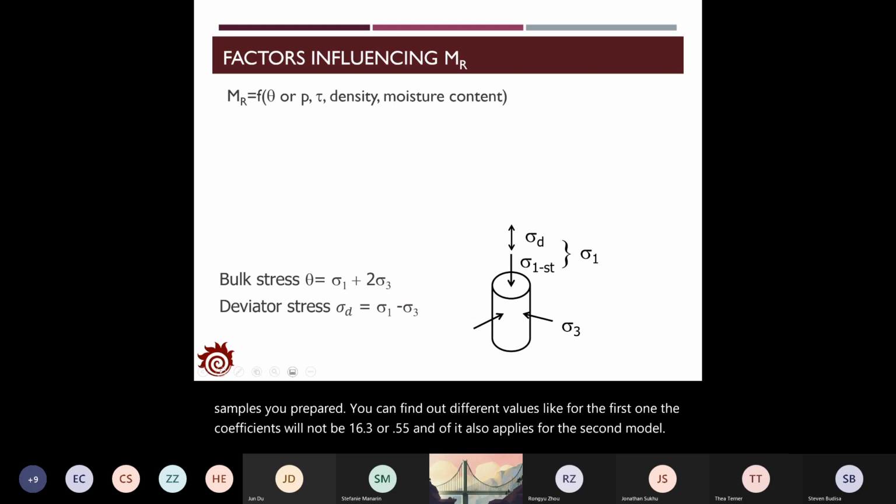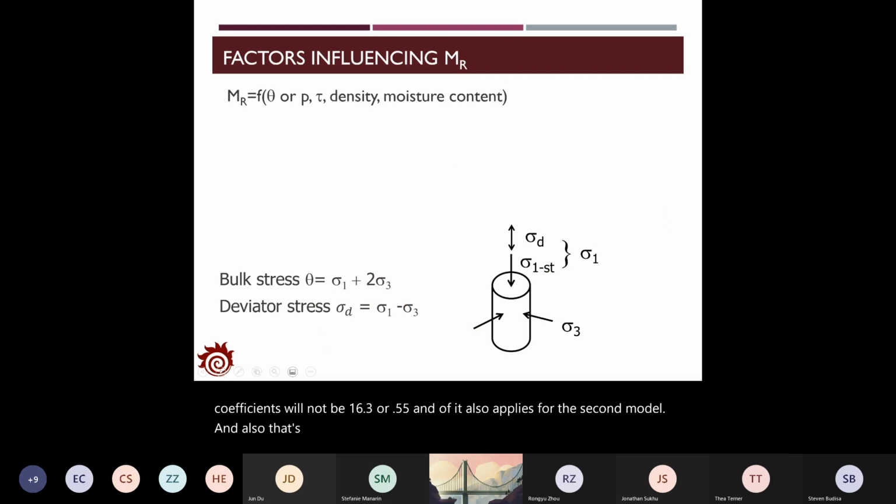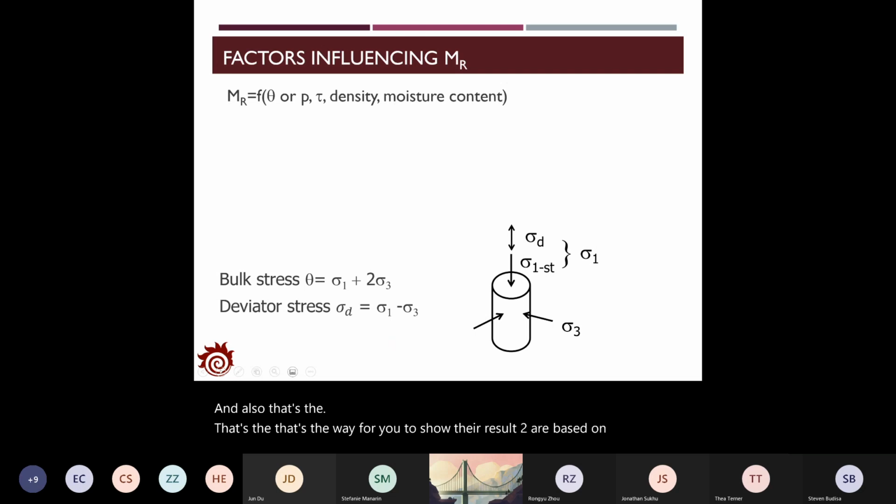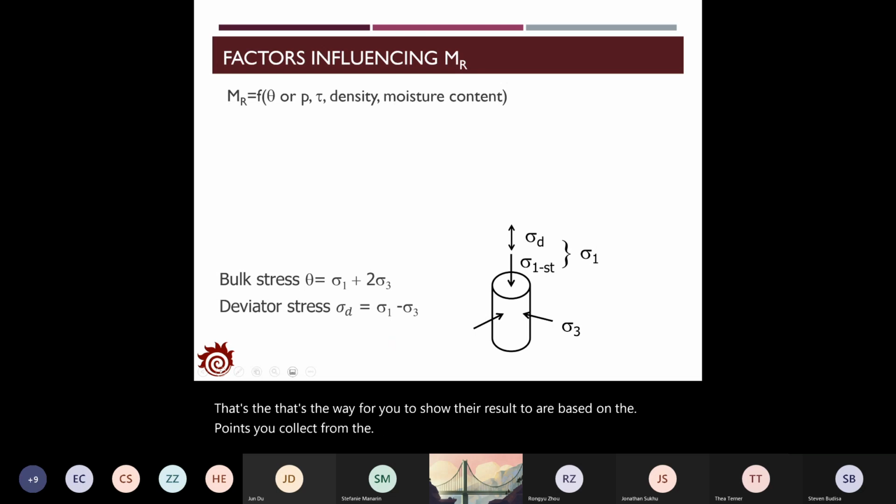That is the way for you to show the result based on the data points you collect from the experiment.